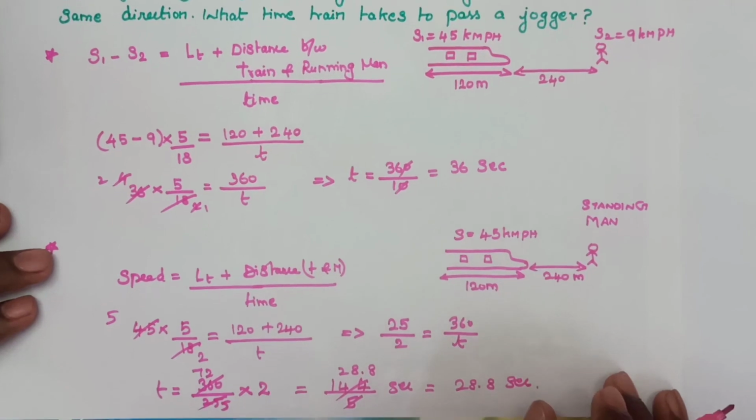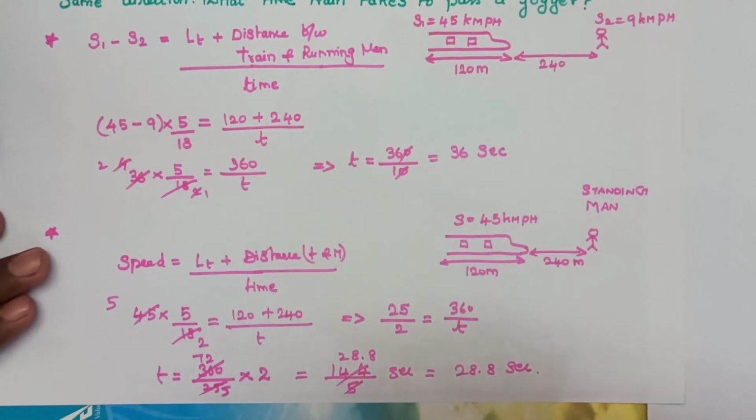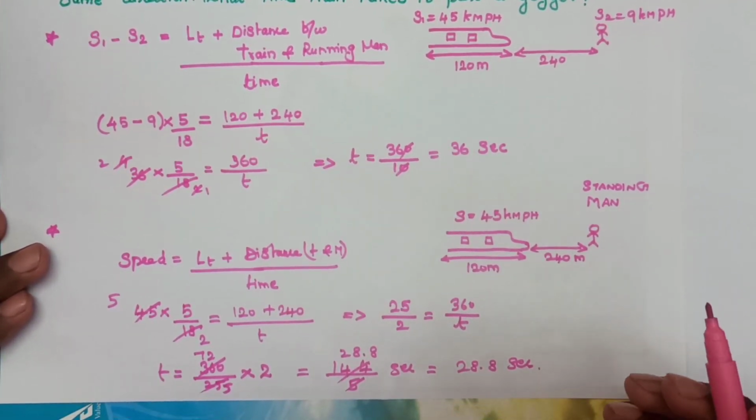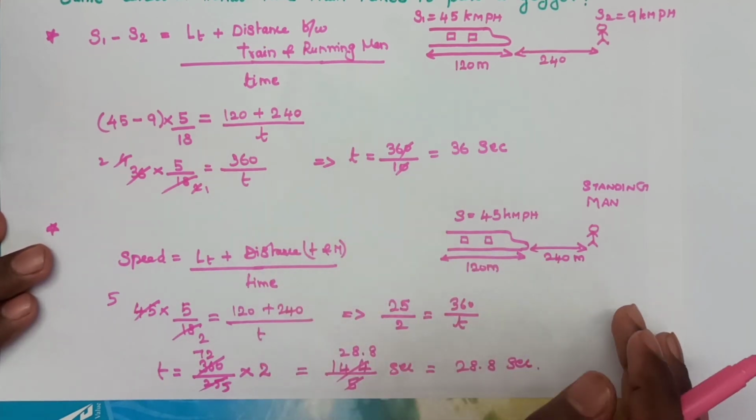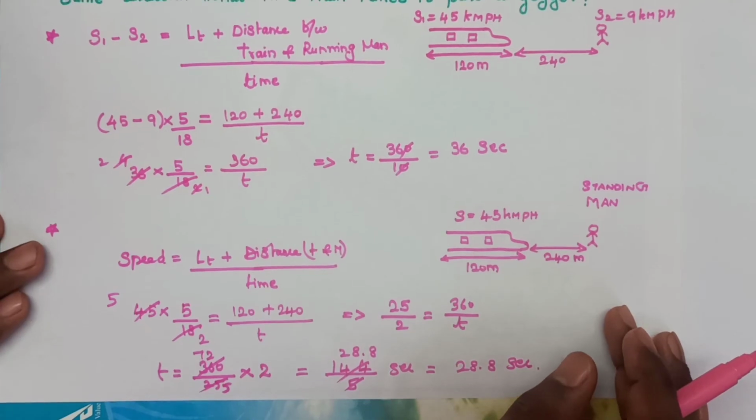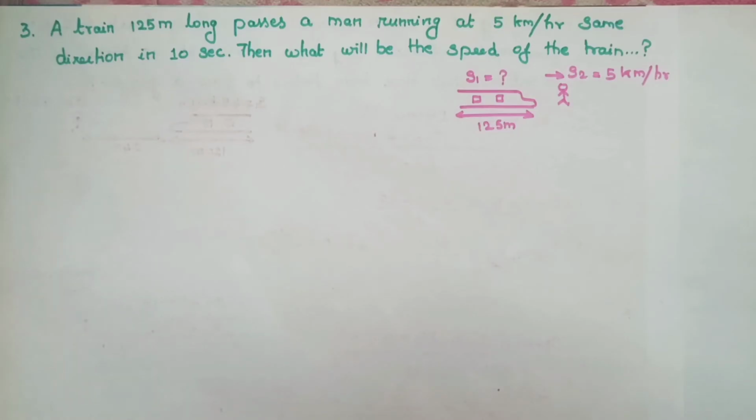So here is the same question, but I have given some modification. You have to be conscious while reading these kinds of questions in order to find the answers, right? Question number 3. A train 125 meter long passes a man running at 5 km per hour in the same direction in 10 seconds. Then what will be the speed of the train?